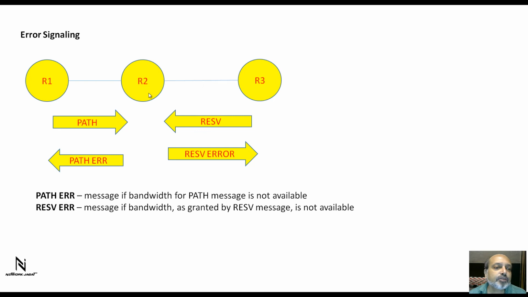So first of all, they should become RSVP neighbors, and then they will be able to create a path using RSVP. Now this RSVP neighborhood is created and maintained by using periodic hello messages. This is exactly similar to OSPF hello and EIGRP hello messages.